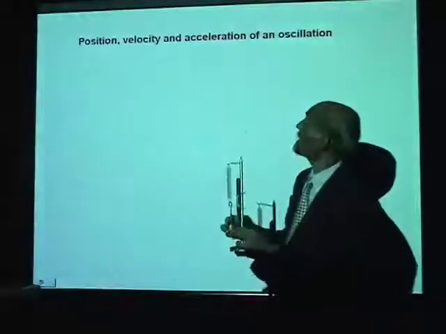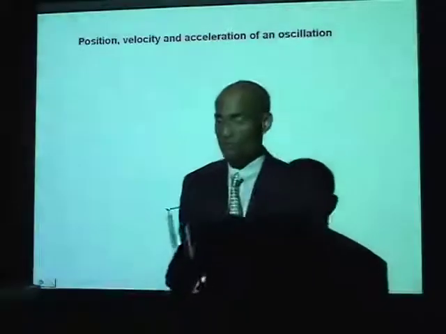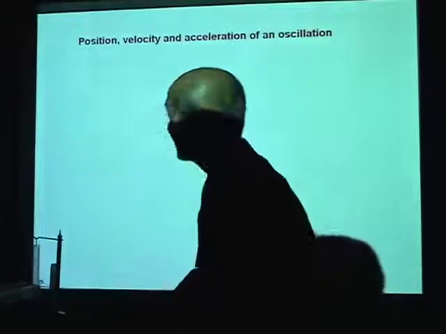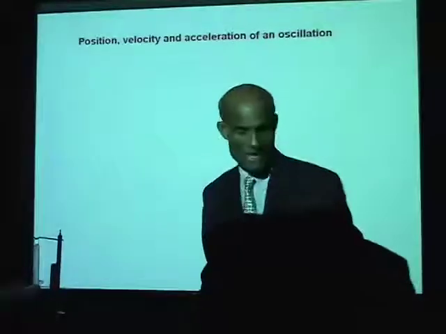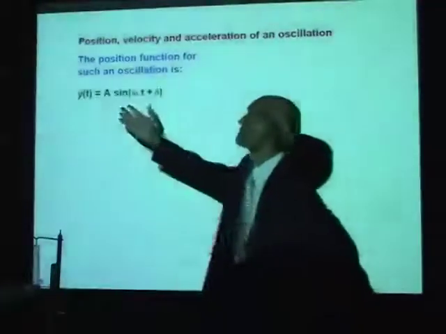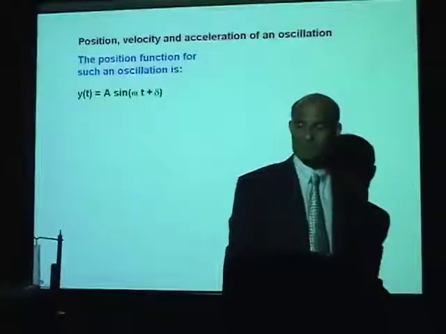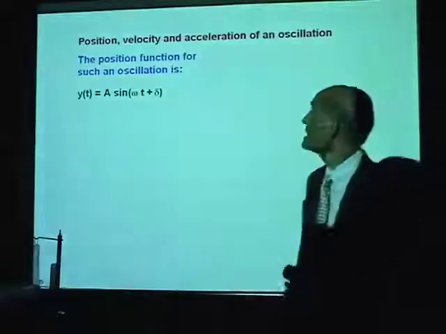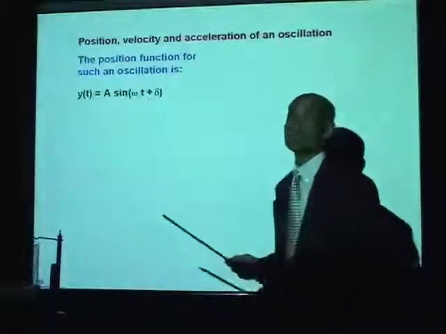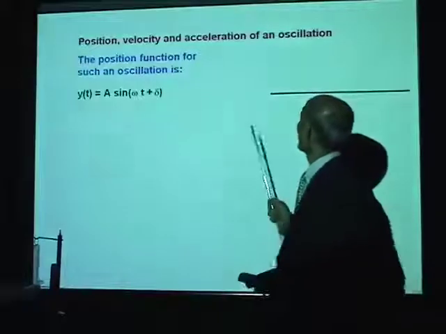Well, I'm going to write the equations for position, velocity, and acceleration of oscillation. All right? I want you to take note of these equations. The position of an oscillation is something that we derive: y equal to a sine omega t plus delta. All right?